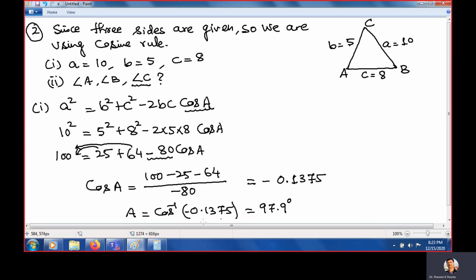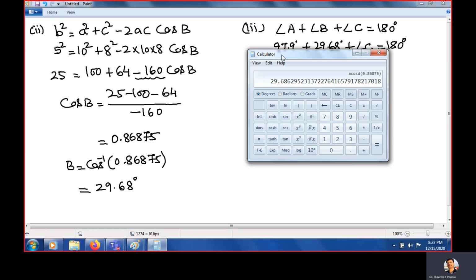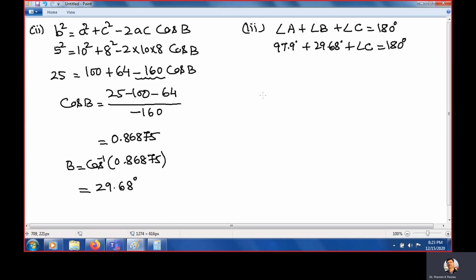The value of angle A is 97.9, plus angle B 29.68, plus angle C is equal to 180 degrees. Now add them. How much is it? 97.9 plus 29.68 is 127.58.